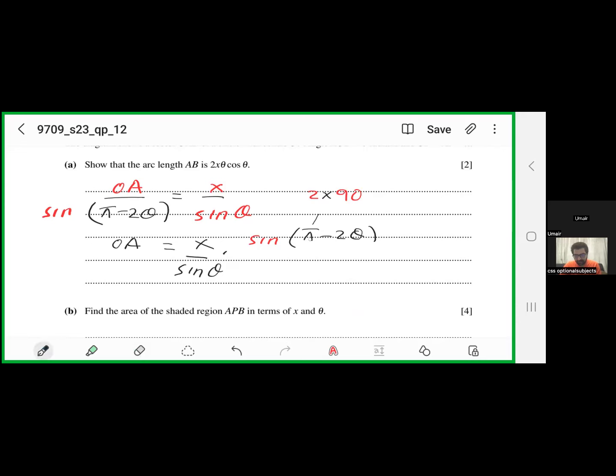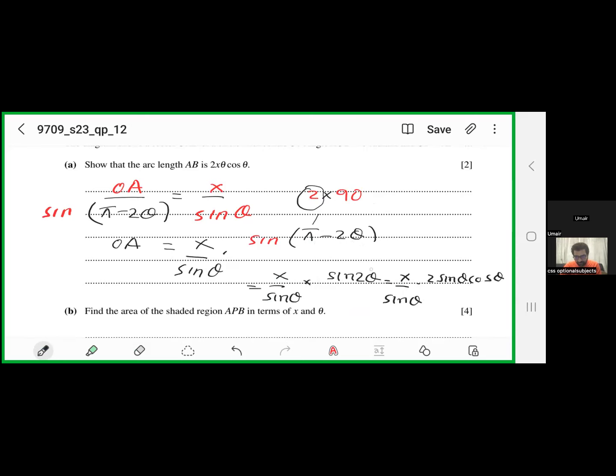So I'm using this property over here. Sine of pi, which is 2 into 90 minus theta, will be equal to x over sine theta into sine of pi minus 2 theta, which is sine 2 theta. And you know that sine 2 theta is 2 sine theta cos theta.